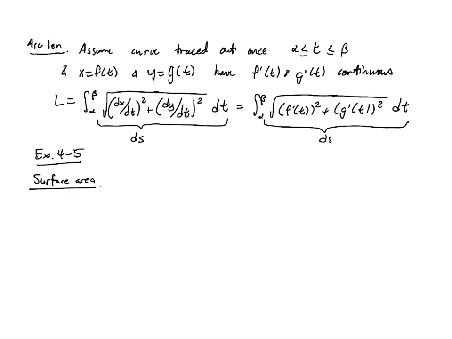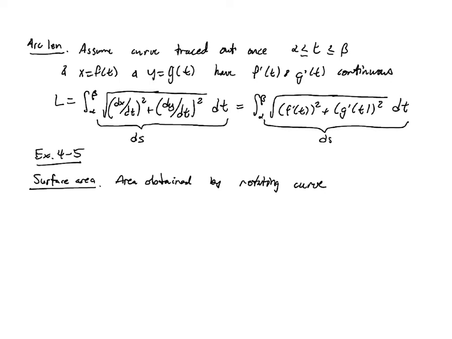And so, if you recall, back when we were doing applications of integration, we looked at the area obtained by rotating a curve. And we looked at rotating the curve about usually the x-axis or the y-axis.